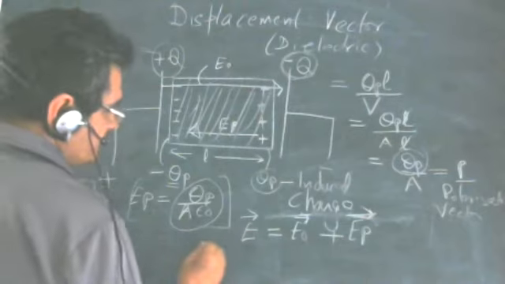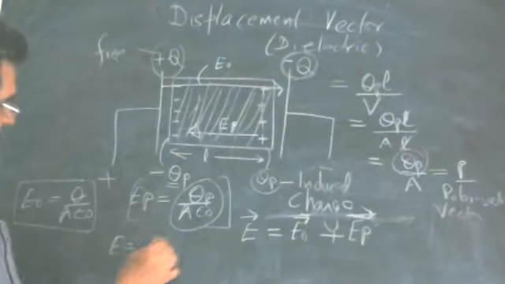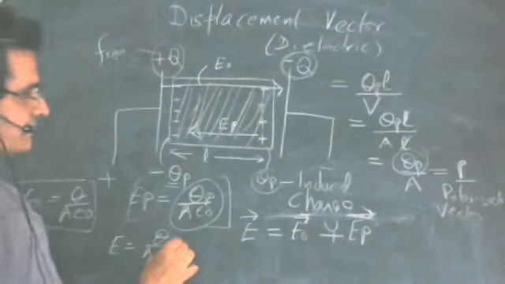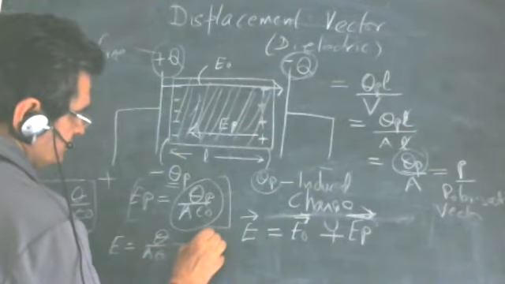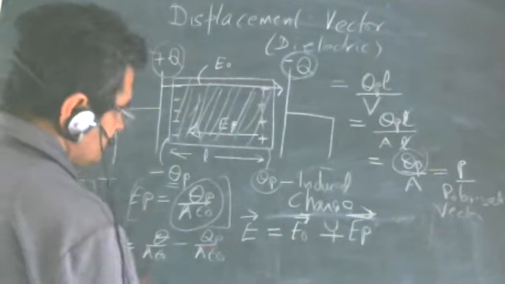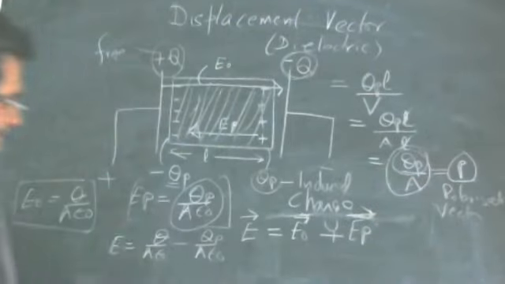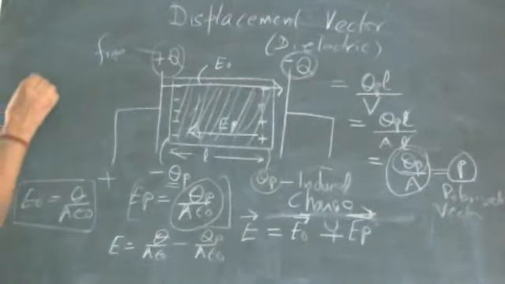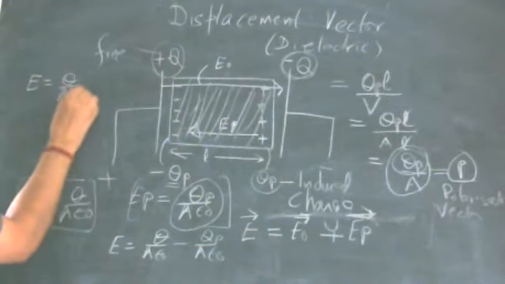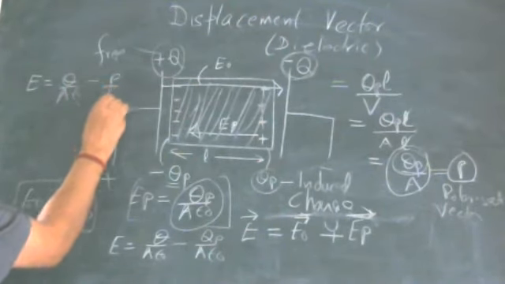So E is equal to E0, which is Q upon A epsilon0, minus QP upon A epsilon0. QP upon A is P. So we write E is equal to Q upon A epsilon0 minus P upon epsilon0.